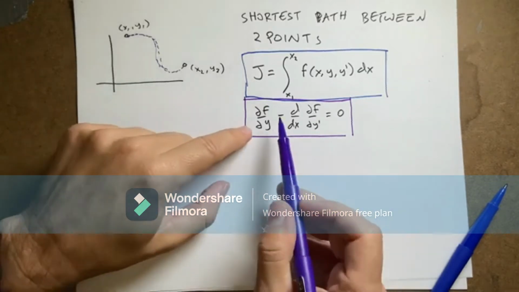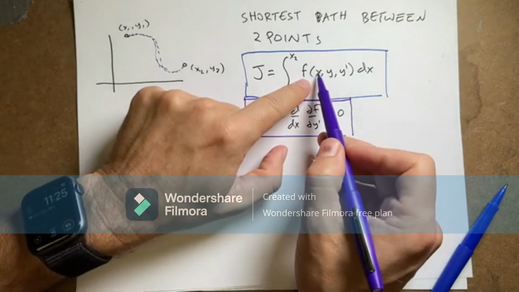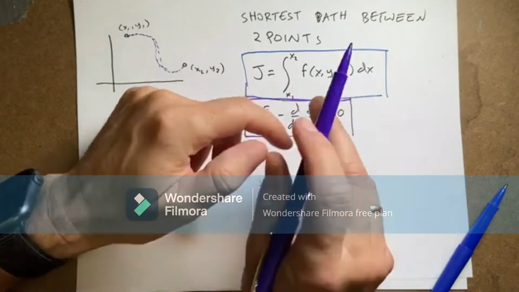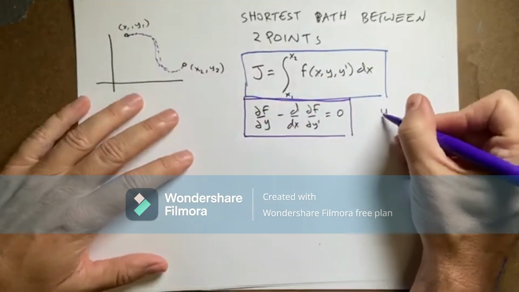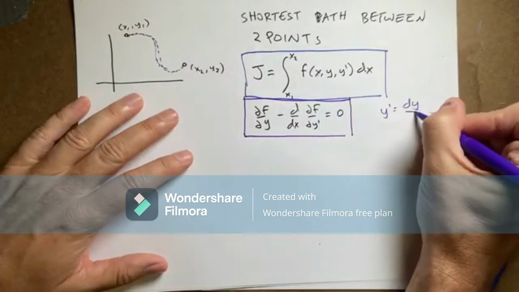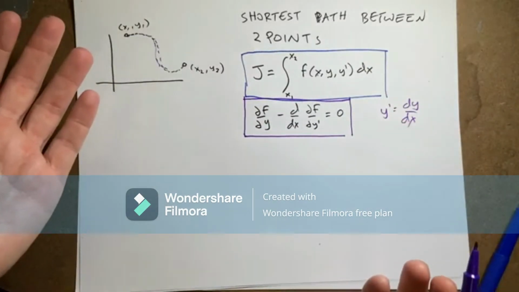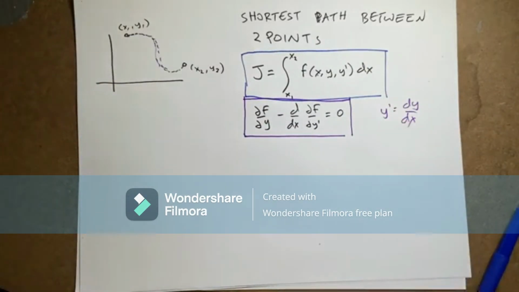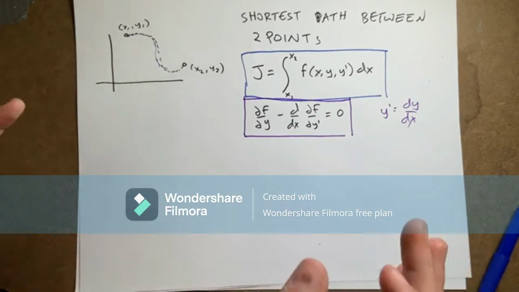So this says that if I have a function of x, y, and y prime, and y prime, just to be clear, is dy/dx. I'm using the variables x and y, but we could use x and t, or whatever. It doesn't matter, and that's what's great about this. It doesn't matter what your variables are.